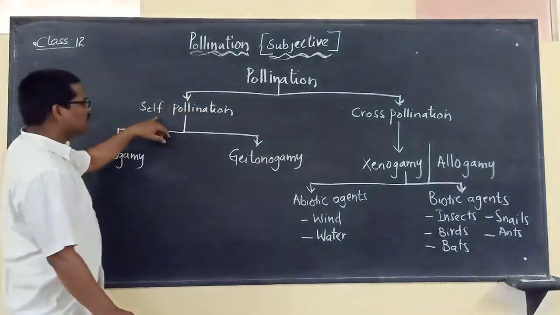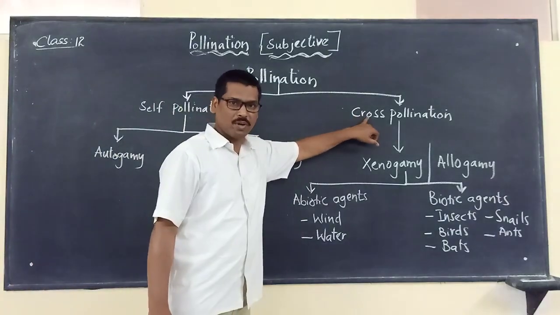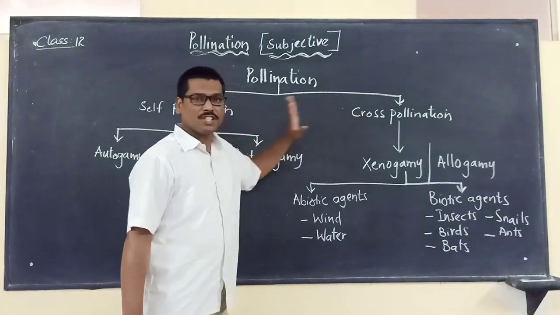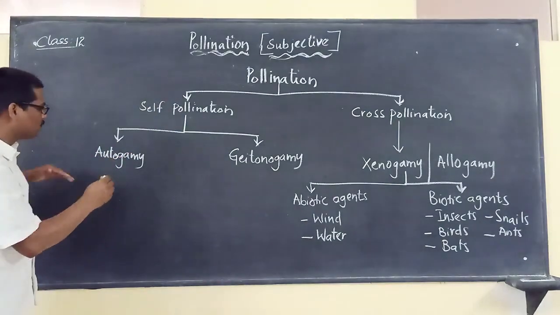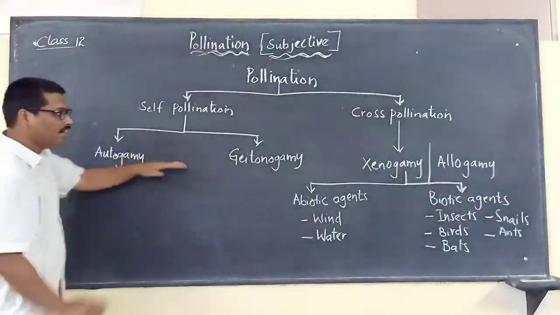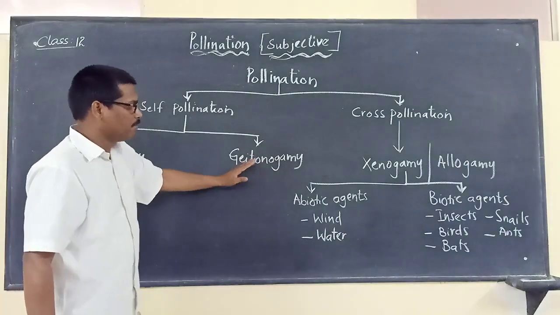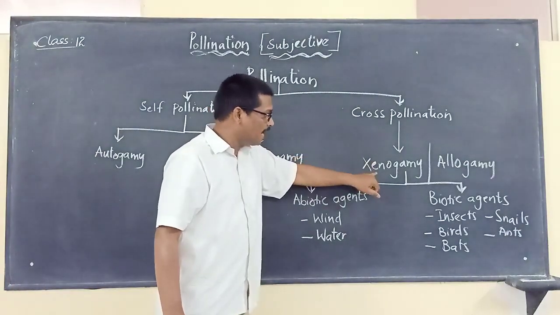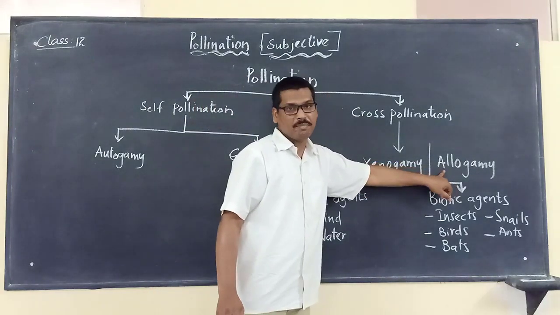Pollination is generally of two types: self-pollination and cross-pollination. Self-pollination is again of two types: autogamy and geitonogamy. Whereas cross-pollination is called xenogamy, or otherwise allogamy.